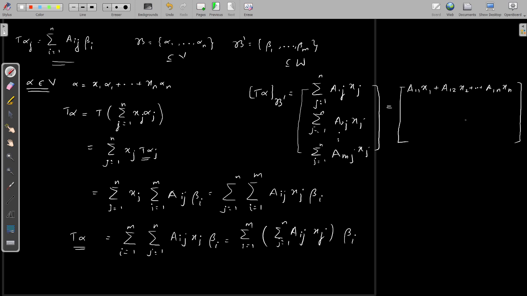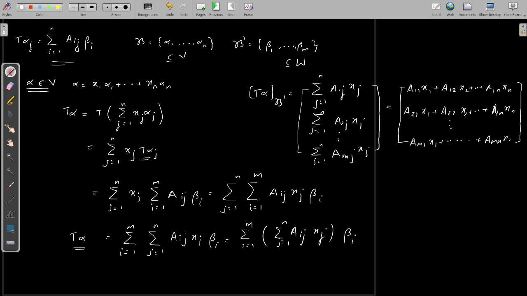That is the first entry of the column matrix; it has only one entry in the first row. It's a column matrix, so these are the coordinates. The second entry will be a21 x1 plus a22 x2 plus etc. a2n xn, and the final entry will be am1 x1 plus etc.